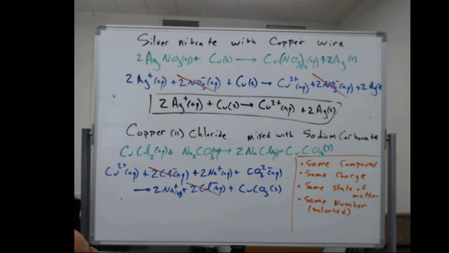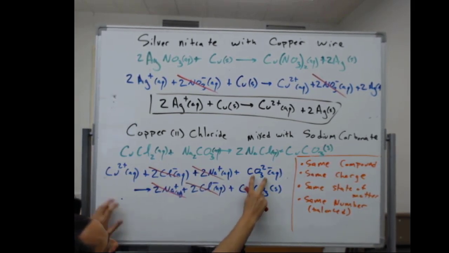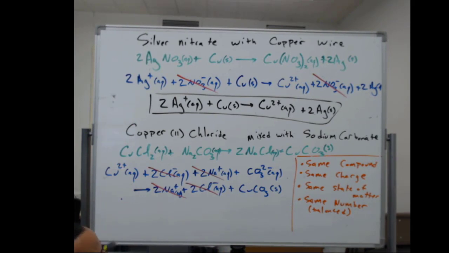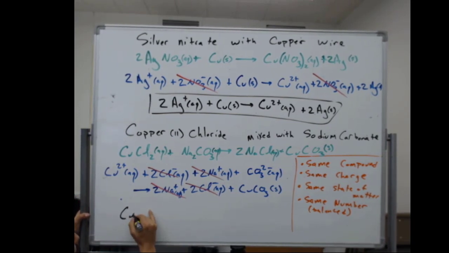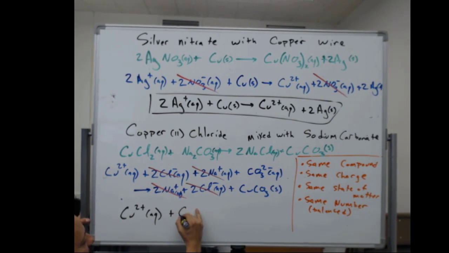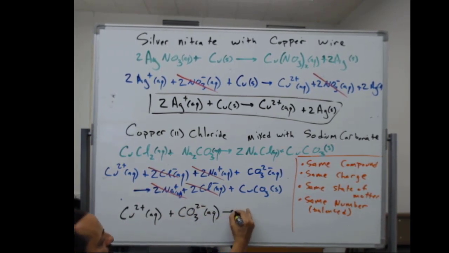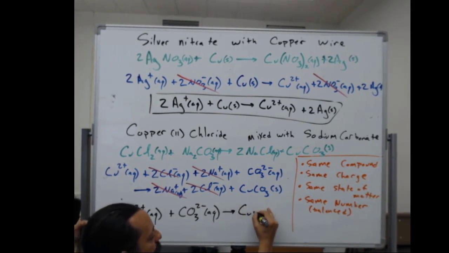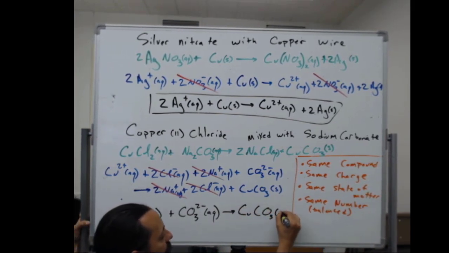Let's get rid of that. 2 Na+ aqueous goes to 2 Na+ aqueous. Boring. CO3 2-, that's going into the solid. That's interesting. So our net ionic equation for this reaction would be Cu2+ aqueous plus CO3 2- aqueous goes to CuCO3 solid.